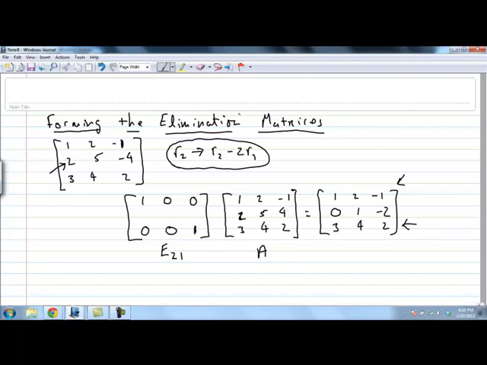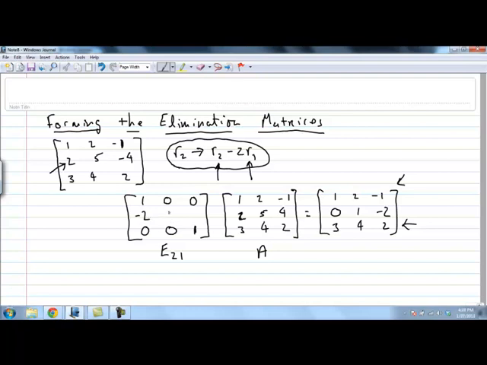Now, row 2 is the one that changed, and so we ask ourselves, how did row 2 change? Well, it changed by taking 1 of row 2, right here, and subtracting from it 2 row 1s. The element of the elimination matrix that will multiply in the first row is here. Since we need negative 2 of row 1 from the A matrix, we put a negative 2 in this position.